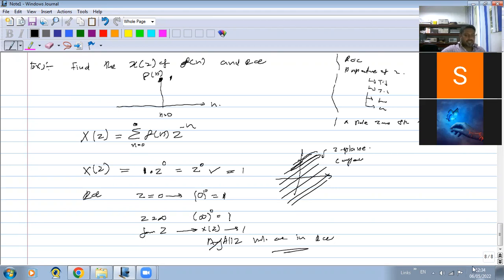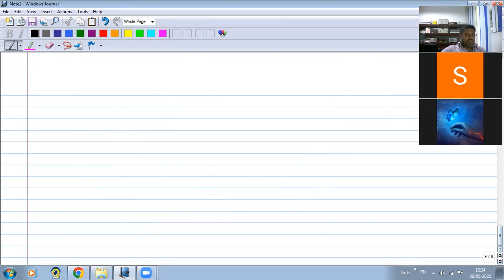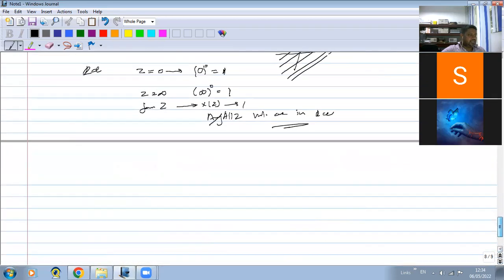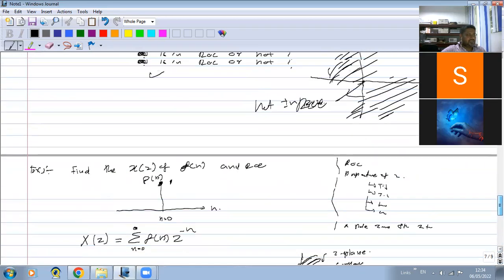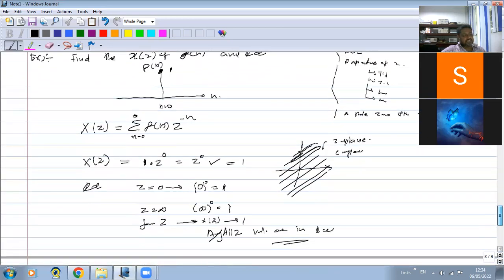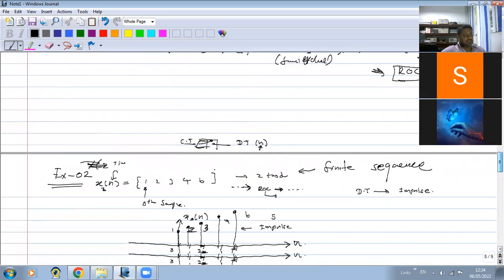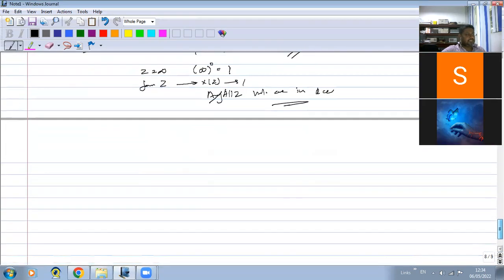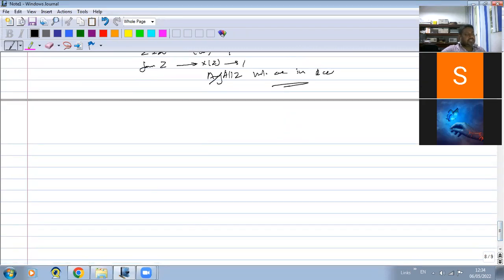Now we will discuss another example quickly. So these are finite sequences. Sometimes we will have infinite sequences also. You can see these are finite sequences, because we have only finite samples there.